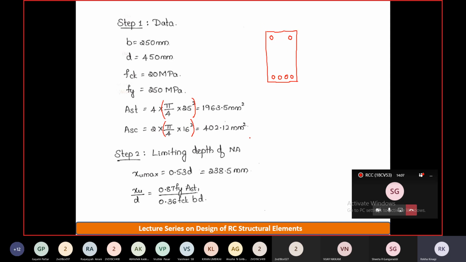Now, given with these values, we are supposed to find out moment of resistance. So, in order to find out moment of resistance, Mu, we have already discussed in the previous session that for the doubly reinforced section, moment of resistance Mu is equal to Mu1 plus Mu2.